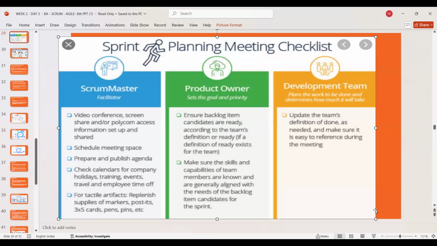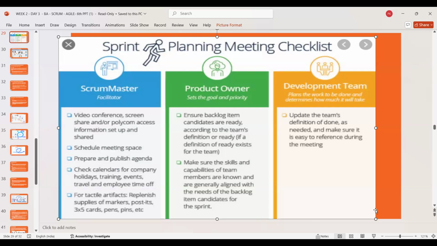Can you please elaborate? Make sure the skills and capabilities of team members are known and are generally aligned with the needs of backlog item candidates for this sprint. Okay. So now let us break it down. Whenever we don't understand any point or any aspect, we will break it down.